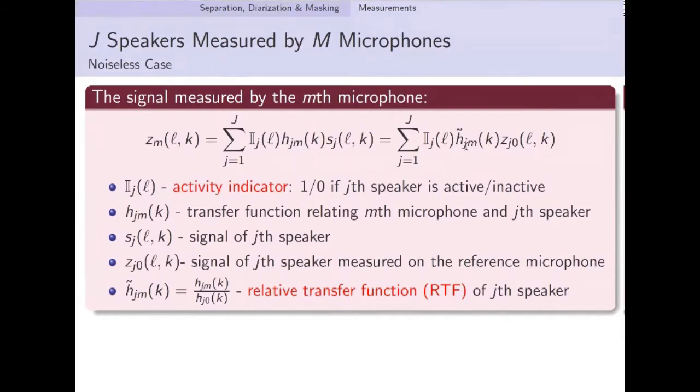And since both signals are measured, the estimation of the RTF becomes a non-blind problem. This is much better than the estimation of H, which relates the source, which is unknown, to the microphone signals, which are known. So the estimation of the ATF is a blind problem, while the estimation of the RTF is non-blind.